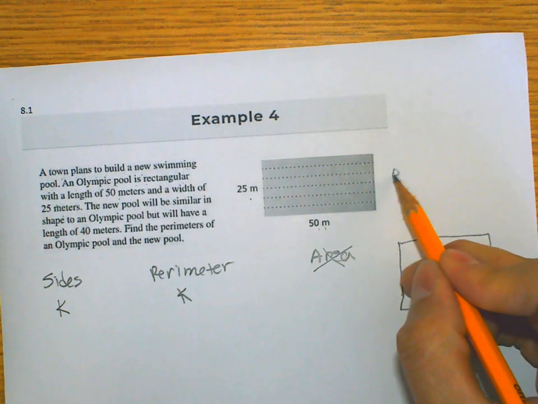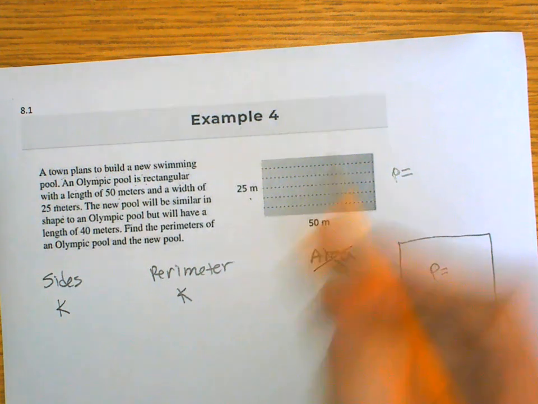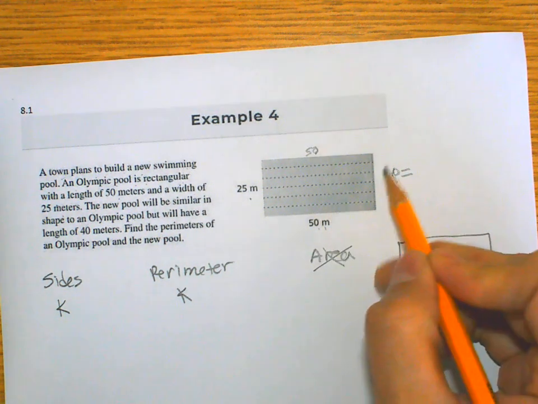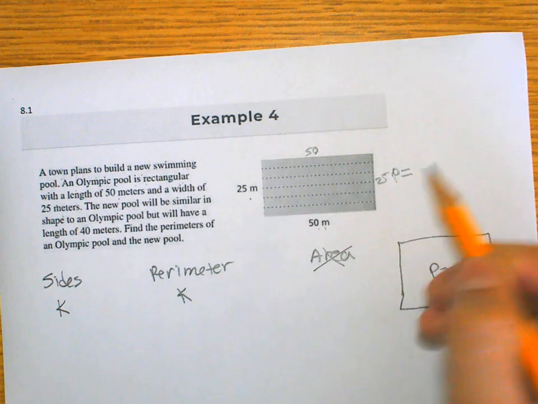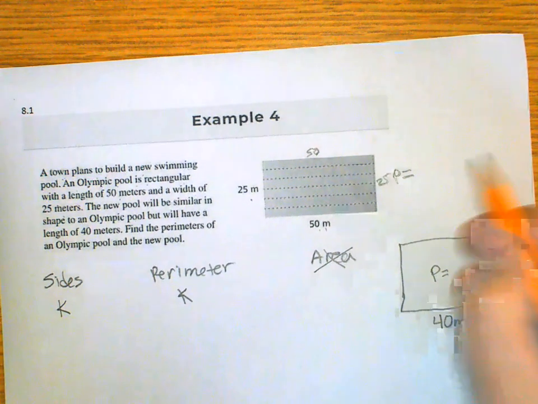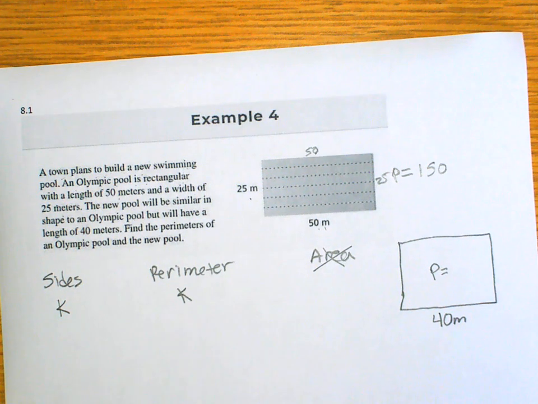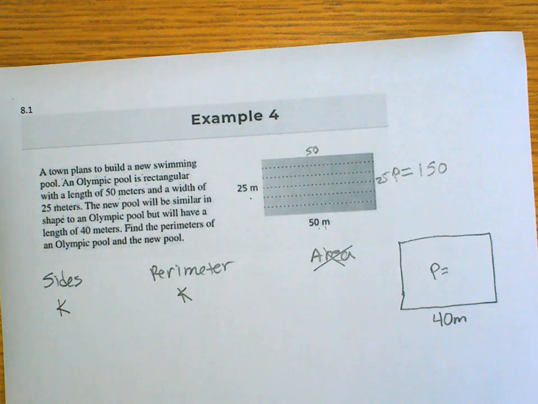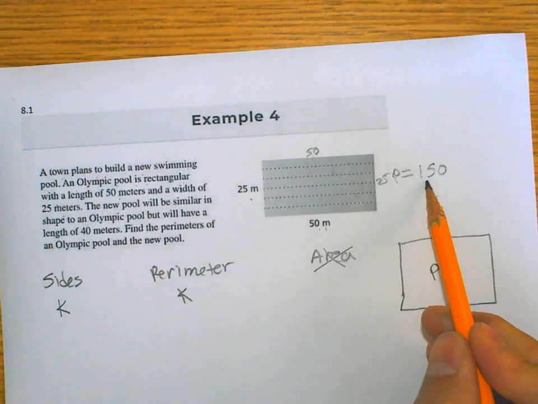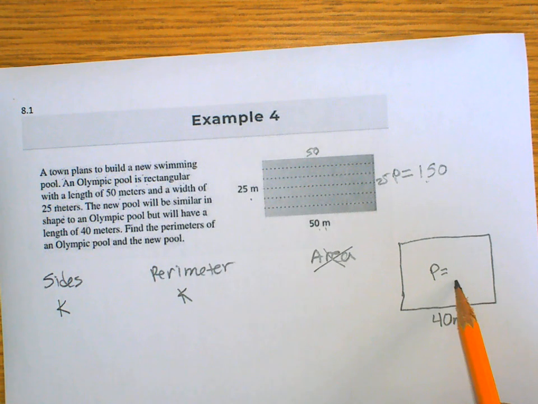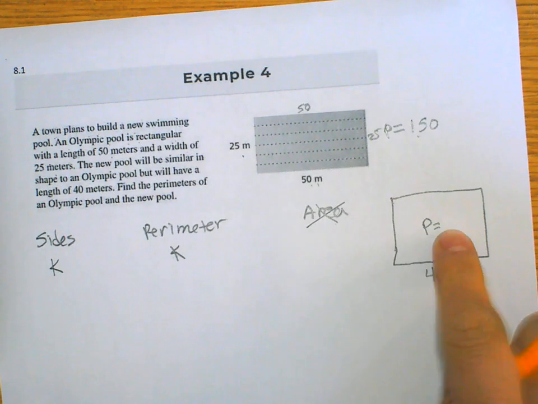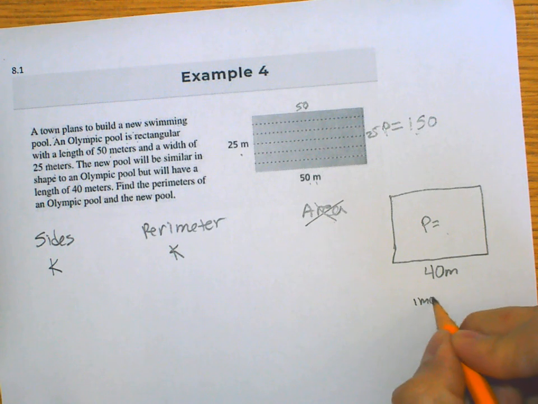Now here's the thing. The perimeter of this pool right here, if you notice that this is going to be 50 and that's going to be 25, that's going to add up to 150. So I'm going to use the fact that I already know what the perimeter of this pool is and use it to find this one. So remember, this is the image. Why? Because that came in second.